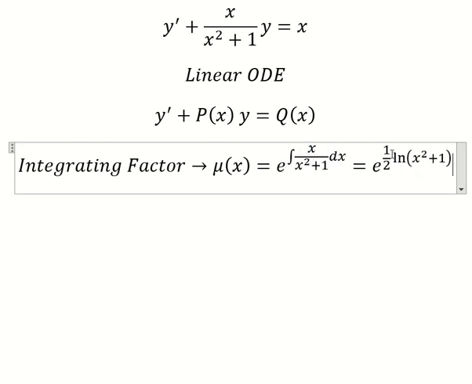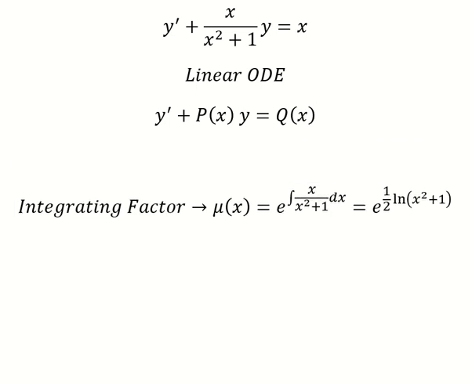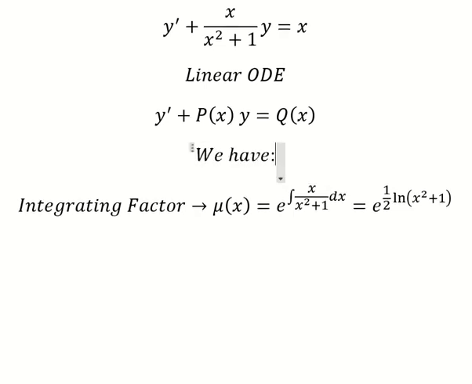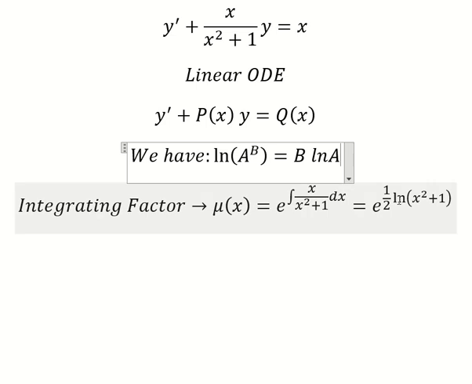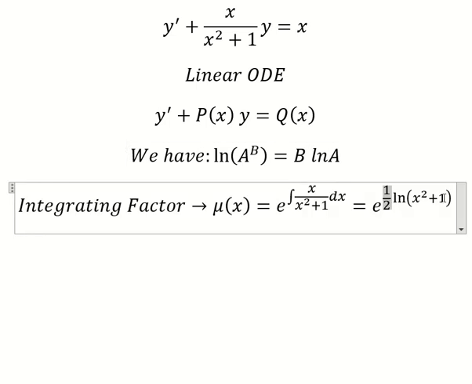Now, we put 1 over 2 inside the natural log here, because we have the formula. So this one is b, this one is a. So we put 1 over 2 inside the natural log here.